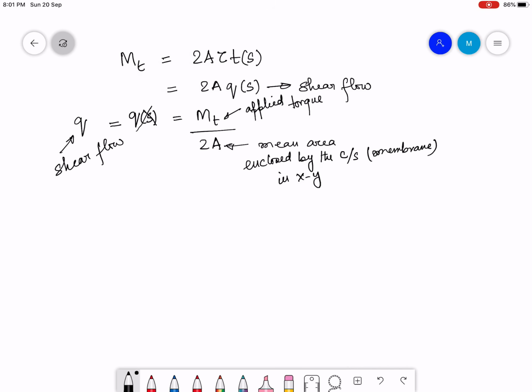Now we have three equations to remember.